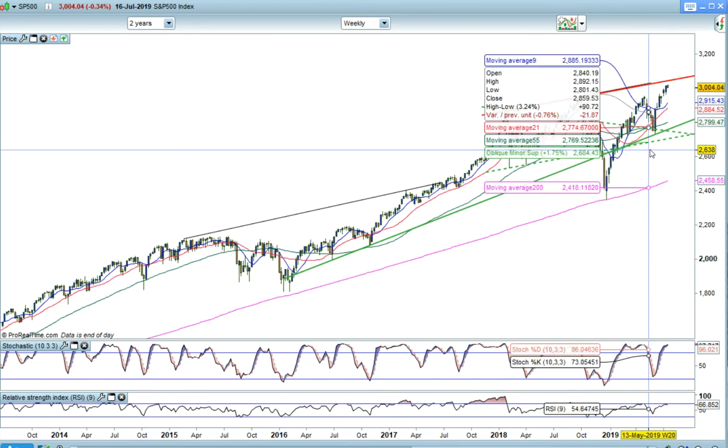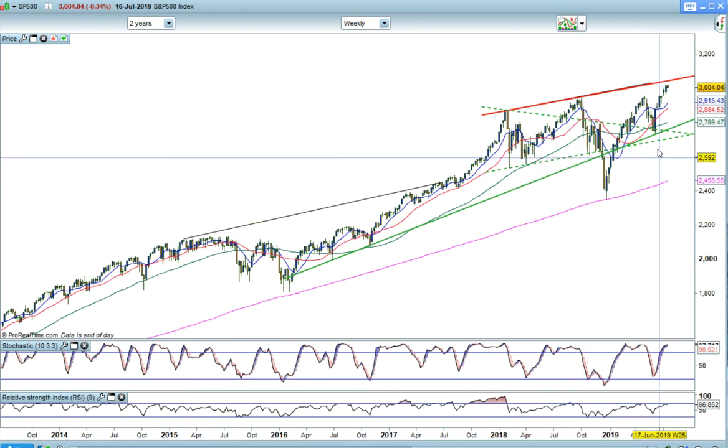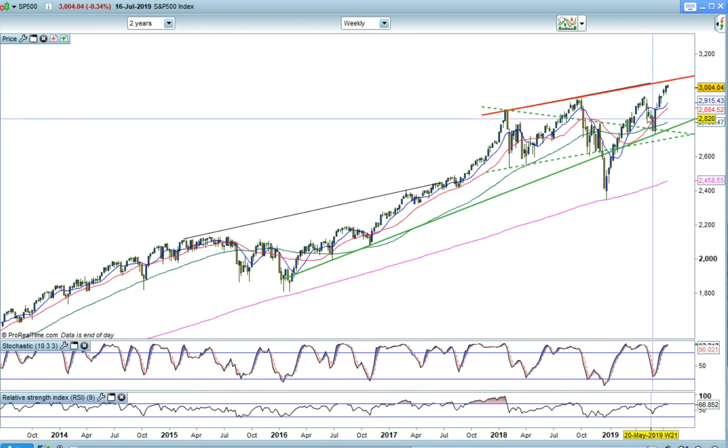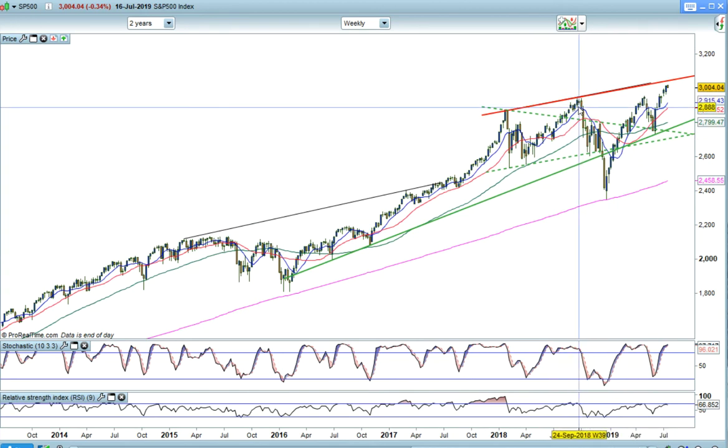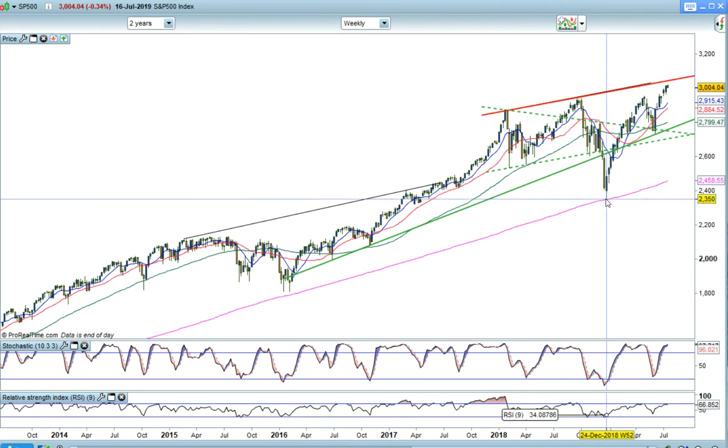So let's say, how would we measure this? How can we measure where our objective is? It really is quite simple. You take this high here, which is 29.40, you subtract that low there, which is 23.46.